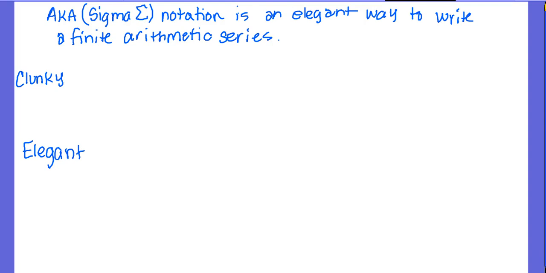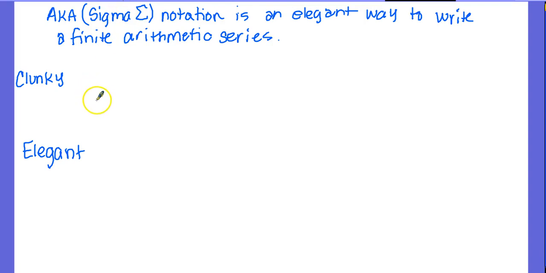Okay, so what I'm going to do is show you the clunky version, or the elementary version, the version we worked on yesterday. And then I'm going to show you how summation notation cleans it up, makes it really simple and elegant. So here's a clunky version.